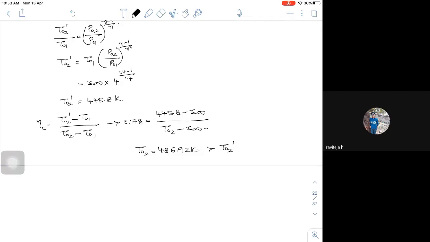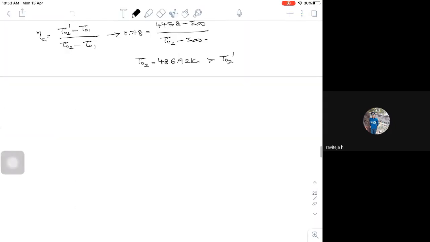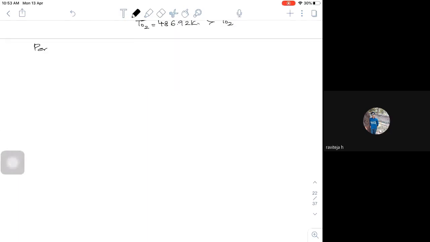Now, once you have calculated the corresponding temperatures, let's try to calculate the peripheral velocity, because they have given the value of my D1 and D2.